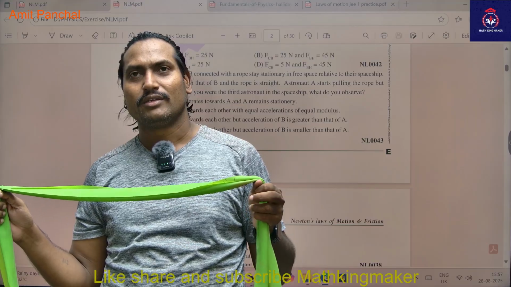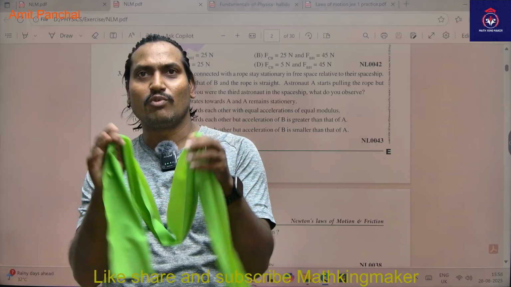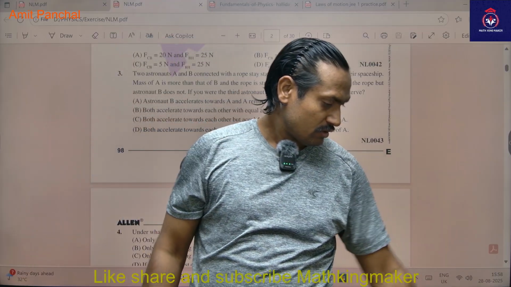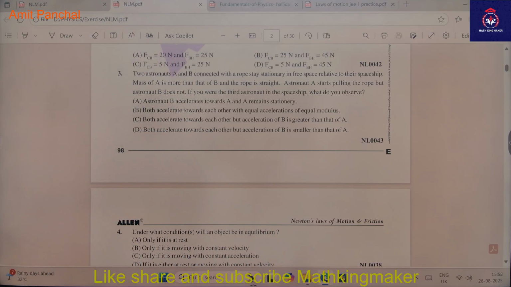If you are an observer, you will see that both are moving. But who is applying more force? So A will be going with the greater acceleration. But why would A move? A should remain stationary, right? Because B is not applying any force.